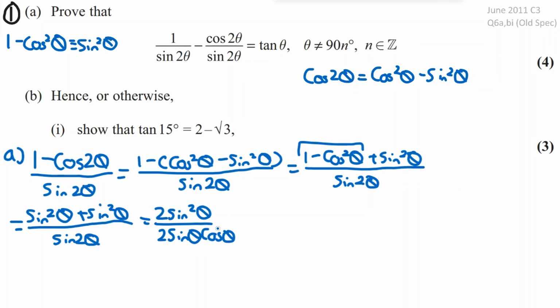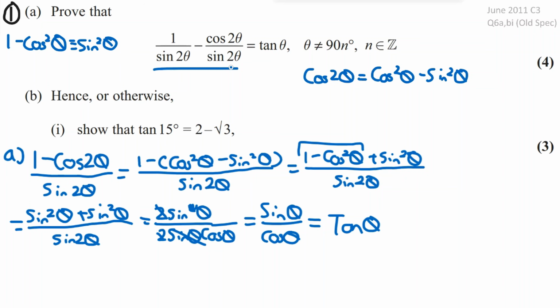Okay, we can cancel out the 2's, and we can also cancel out 1 of the sin thetas on top with this here. So this is just going to become sin theta over cos theta, and sin theta over cos theta is equal to tan theta. So we have proven that this here is equal to tan theta.